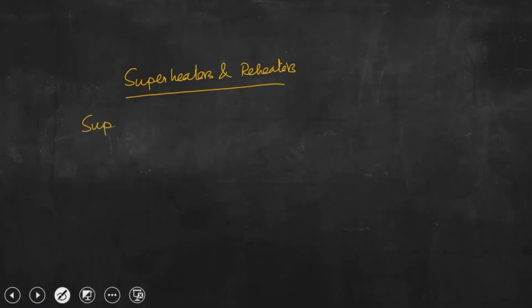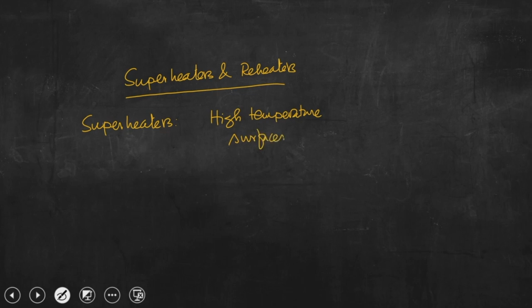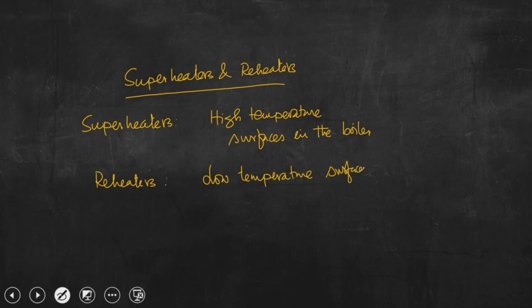So, superheaters, these are high temperature surfaces in the boiler, and reheaters, these are the low temperature surfaces in the boiler.